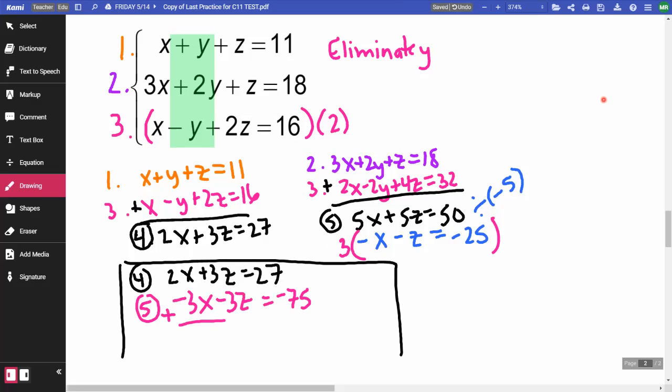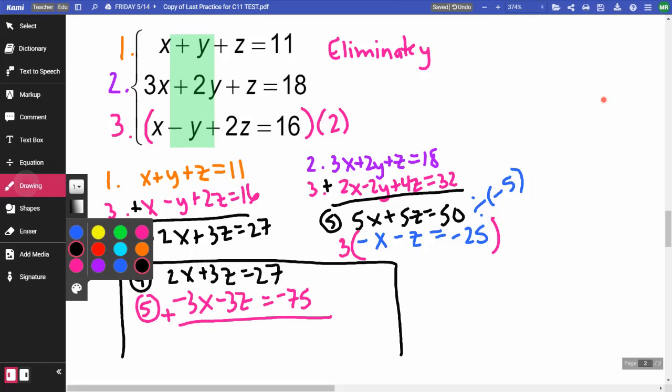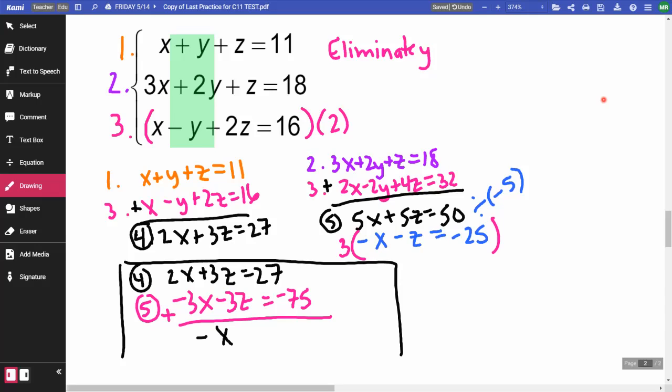I'm going to add these equations together. And when I do, I end up with -x is equal to, when I do 27 minus 75, I get a -48, which means x is equal to 48. And so that's one answer. And now, since this system has x and z's, I need to find my z.